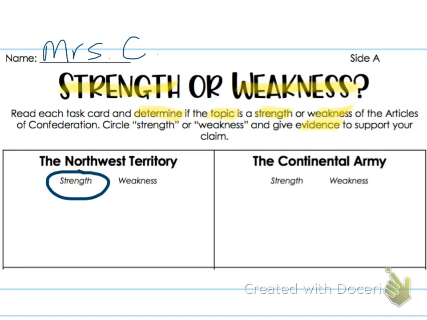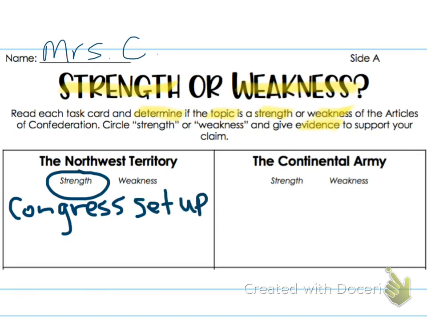And our evidence can come directly from the text, and it will be that Congress, write this with me, and I forgot my pen today, guys, so my writing is super sloppy. Congress successfully, I don't know if I can fit that up. Let's put Congress set up rules for settlers.